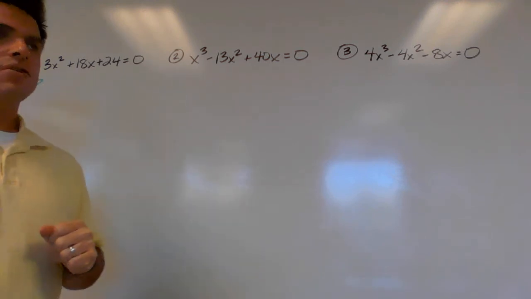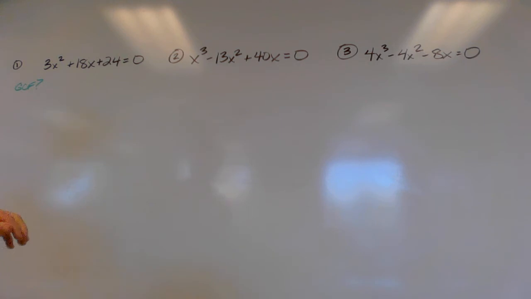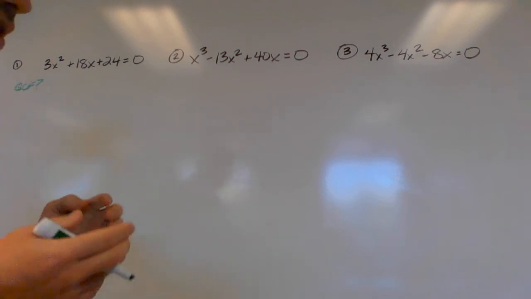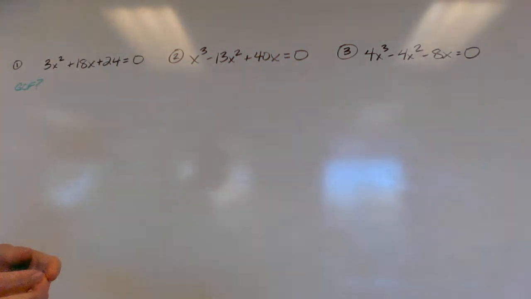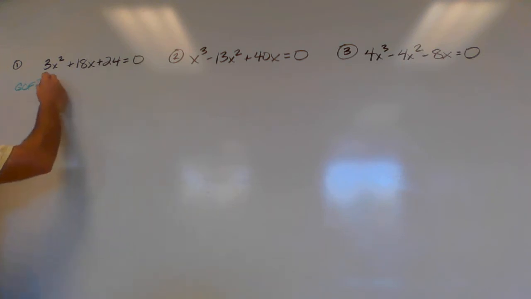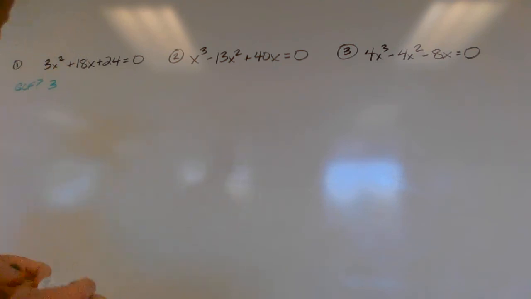In this problem, for the GCF, if there is any, we want to take a look at the coefficients. I got 3, 18, and 24. Any number that's divisible into those numbers, except for the number 1 of course, and in this case, each of those is divisible by 3. So my GCF for the coefficients is 3. Then I take a look at each term, 3x squared, 18x, 24, and focus on the variable.